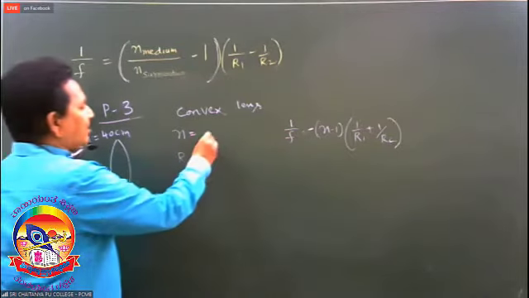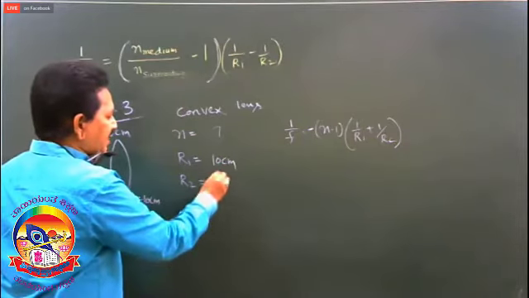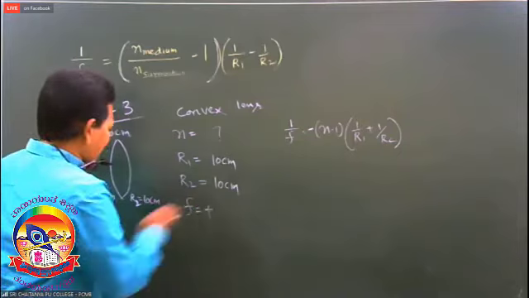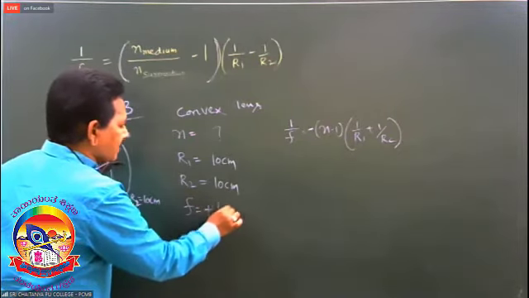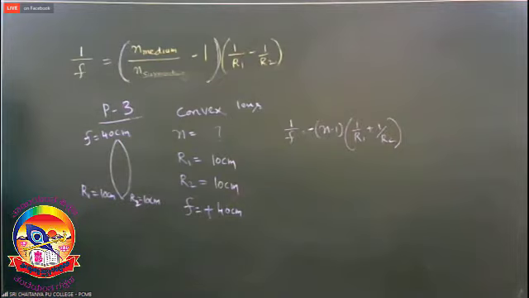So, N value, don't know. R1 value, 10 centimeters. R2 value, 10 centimeters. F value, plus only, for convex, 40 centimeters. Focal length for the convex, plus only.